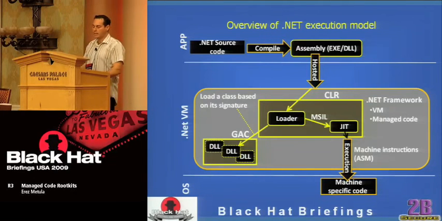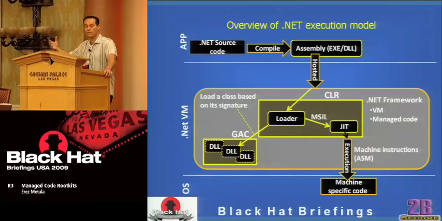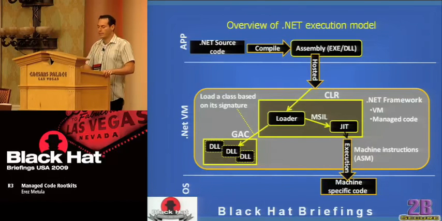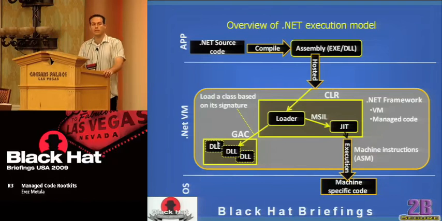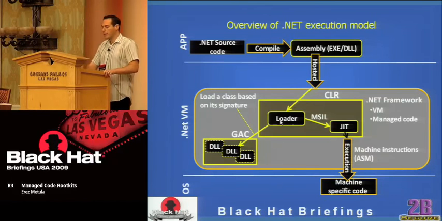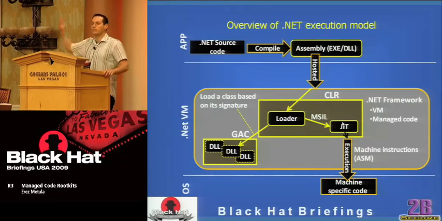And the code is fetched from the GAC, the Global Assembly Cache, which is where the DLLs of the .NET framework are installed. The DLLs are loaded based on their signatures, which is called in .NET a strong name. And after the DLL is loaded, basically the same thing happens. Code is translated using the jitter to machine-specific code, and this is what the CPU sees from its point of view.